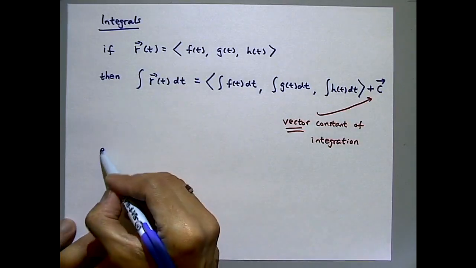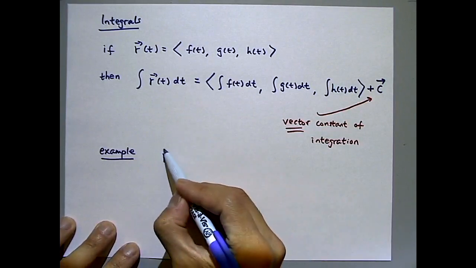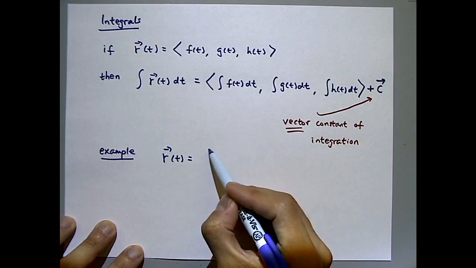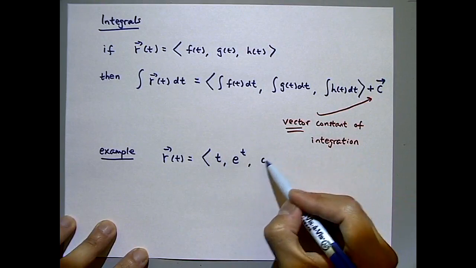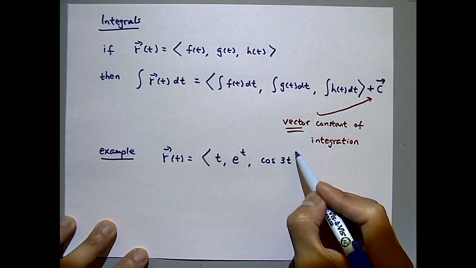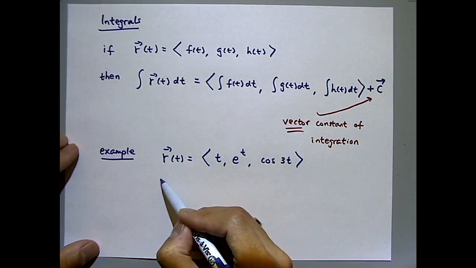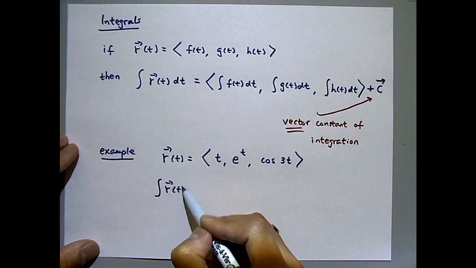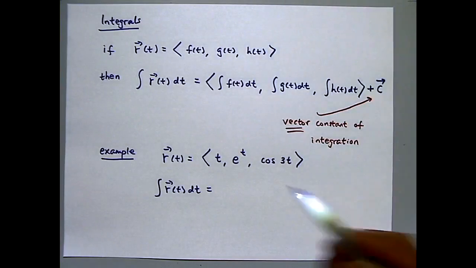Let's do an example. t, e to the t, plus cosine of 3t. When you integrate that, you integrate the components one at a time.